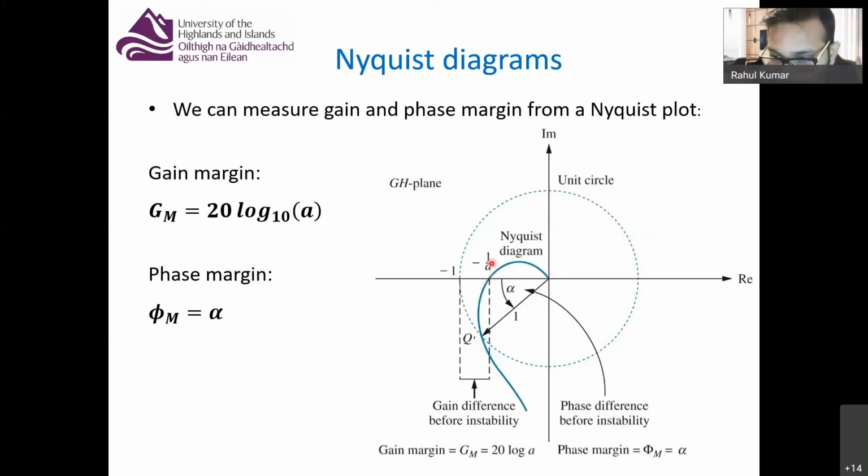So we have to calculate A and then convert it into decibels using this formula. So that will give me the gain margin. Okay.